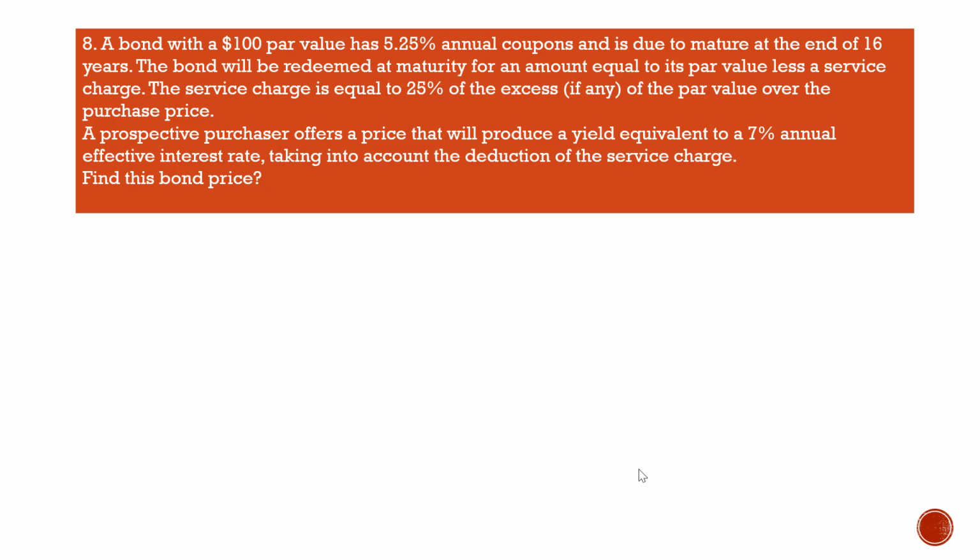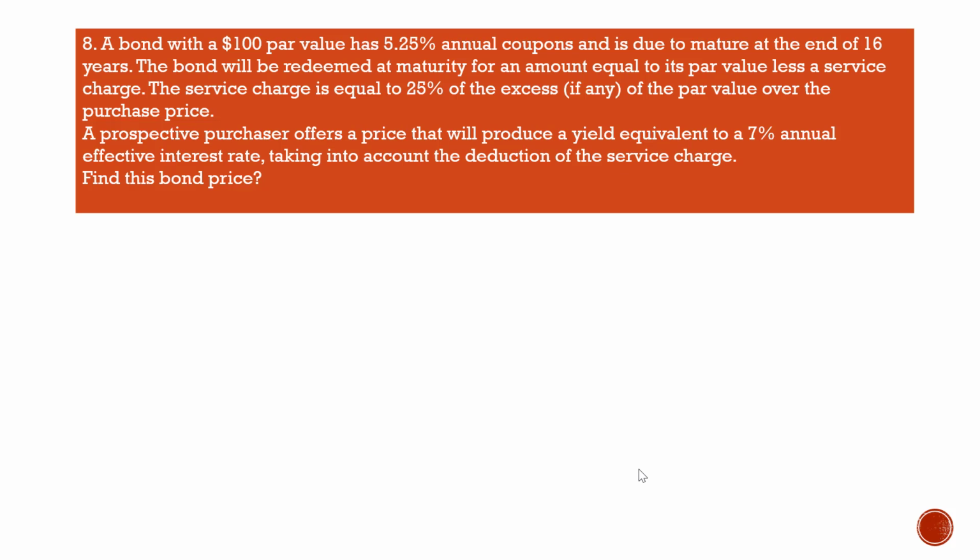The service charge is equal to 25% of the excess, if any, of the par value over the purchase price. A prospective purchaser offers a price that will produce a yield equivalent to a 7% annual effective interest rate, taking into account the deduction of the service charge.